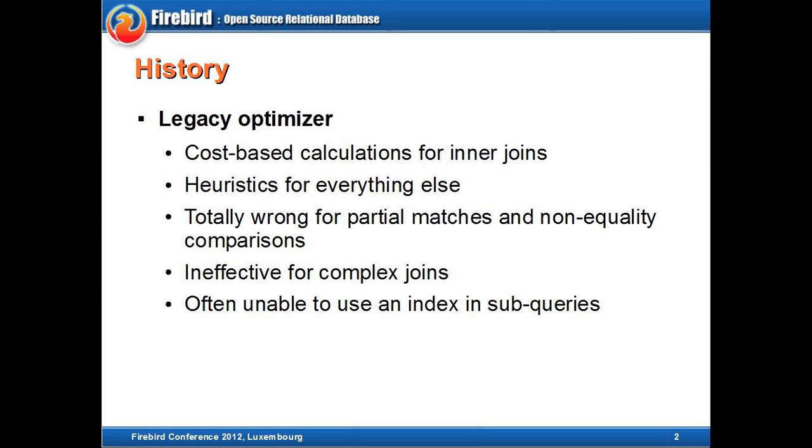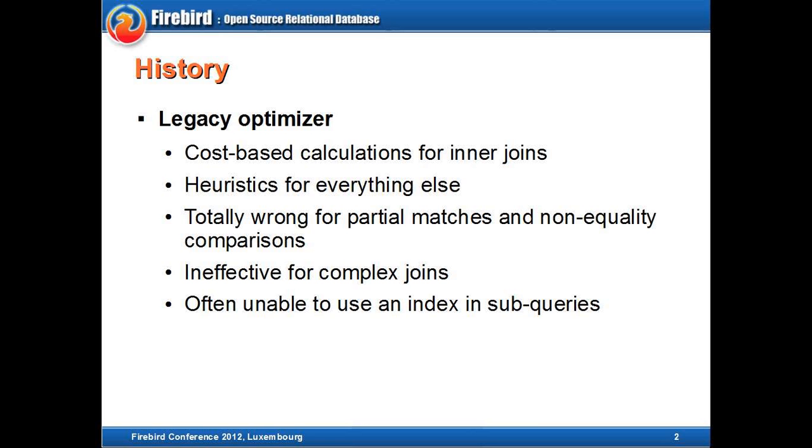What are the key points of the original optimizer we inherited from the Borland times? It was a kind of mixture of two optimization strategies. Some parts of the query execution was optimized using cost-based approach. The engine was calculating number of records, known as cardinality.